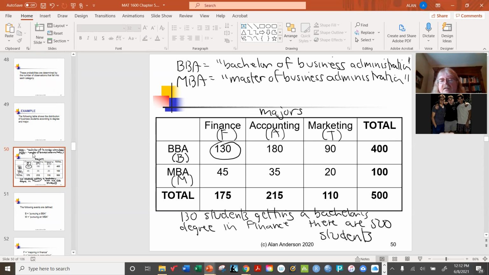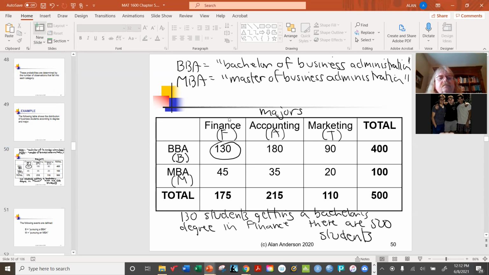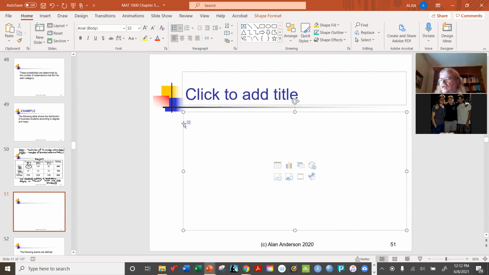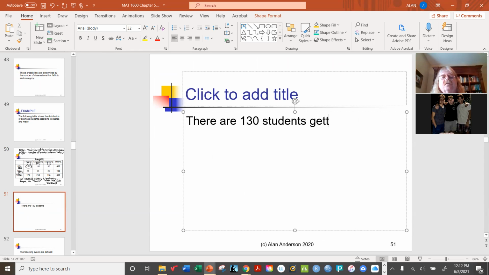So formally, we're going to write this in the following way. Okay, so just a quick reminder, there are 130 students getting a bachelor's degree in finance.